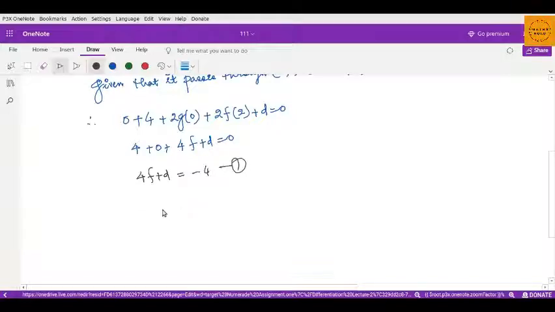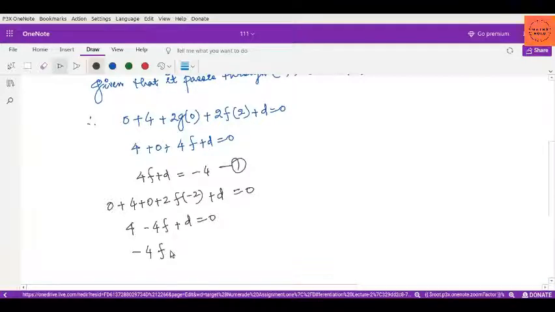This is the first equation. And it is 0 plus 4 plus 0 plus 2f into minus 2 plus d equal to 0. So it is 4 minus 4f plus d equals 0. So it is minus 4f plus d equal to minus 4. This is the second equation.